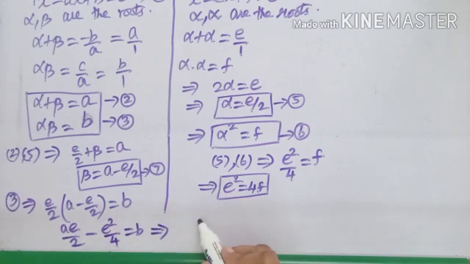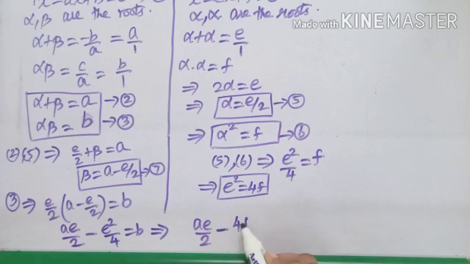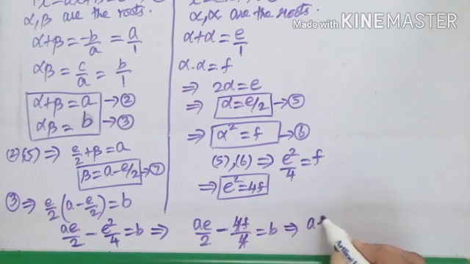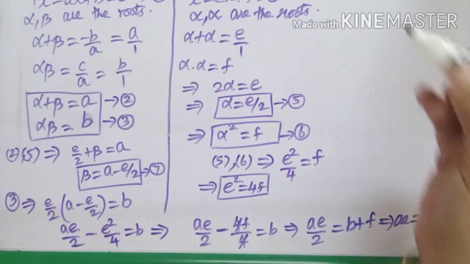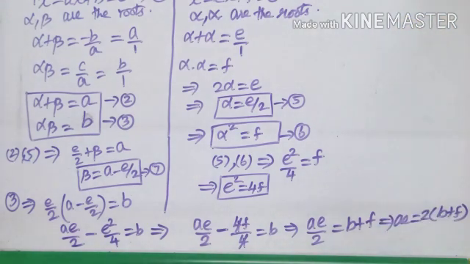This implies ae by 2 minus, in the place of e square I can put 4f by 4, equal to b. 4 and 4 will get cancelled, or ae by 2 equals b plus f, or ae equal to 2 into b plus f, and that is the question expected.